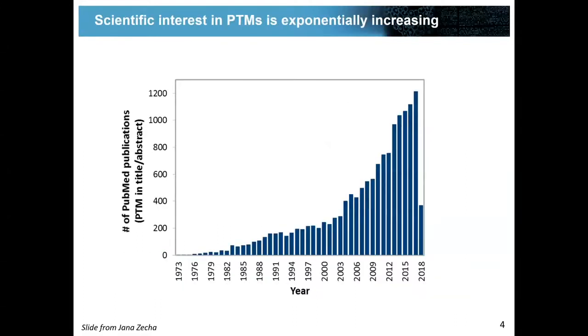And the fact that it is really a very hot topic, and it gets even hotter in the field, you can see from this figure where we plotted the number of PubMed publications that had the term PTM in the abstract or in the title, and you see that in the last 40 years it's almost exponentially increasing, and more people are interested in that.